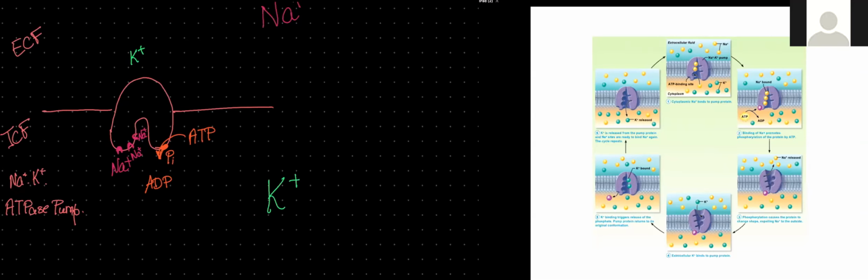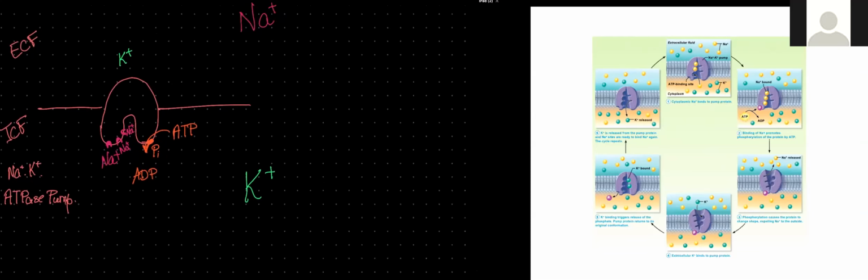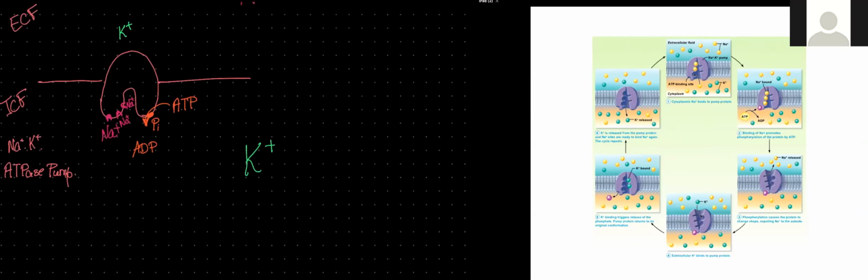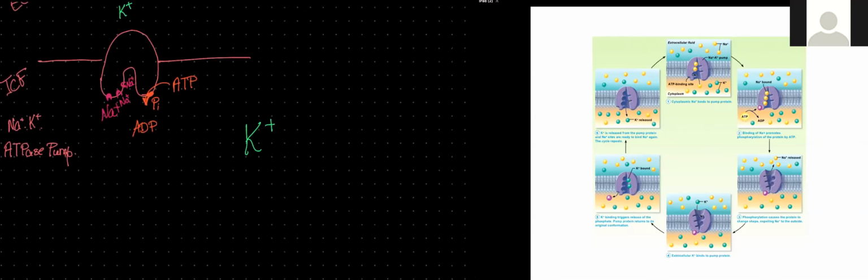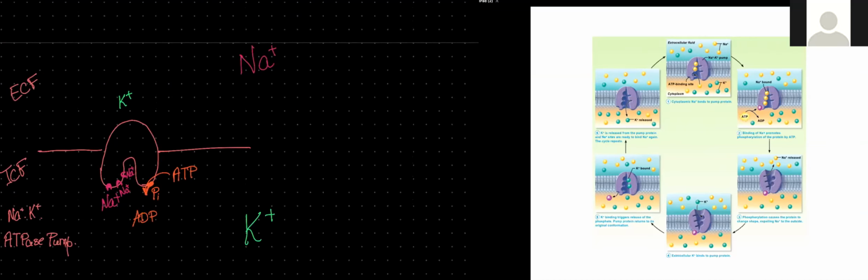Those chemical modifications will change the shape of my carrier. So the carrier, rather than facing the inside of the cell membrane, is now going to rotate and will be facing the outside of the cell membrane.